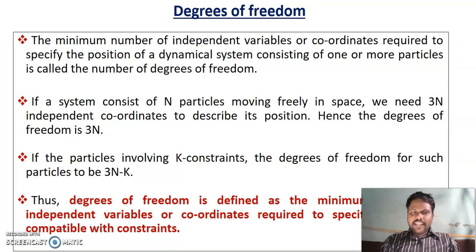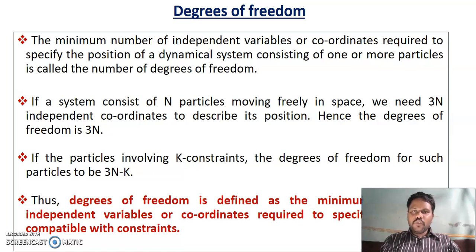A body in a state of rest or motion is described by variables. Example, a body moving in a straight line is described by either x, y, or z coordinates.